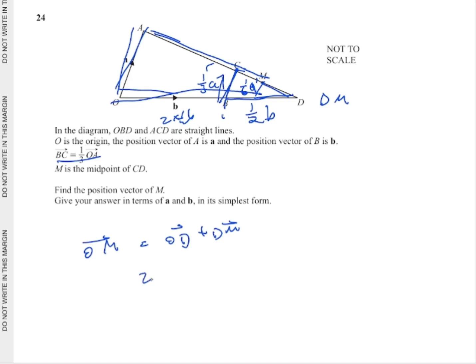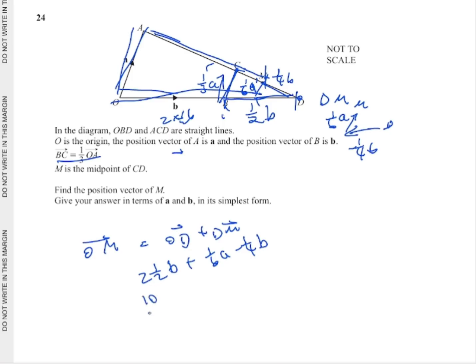OD is just 2 times 1/2 b, plus DM is simply 1/2 b, so here will be 1/4 b, and since b is this direction, we're moving from D to M. We would like to go this way, 1/4 b, and we go up 1/6 a to get M. So we plus 1/6 a minus 1/4 b.